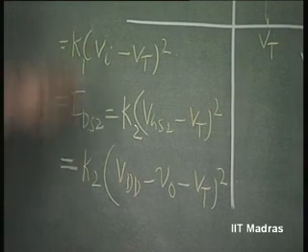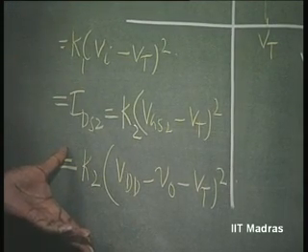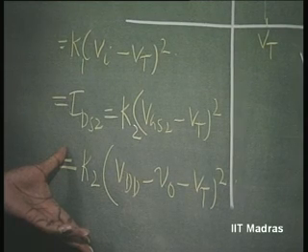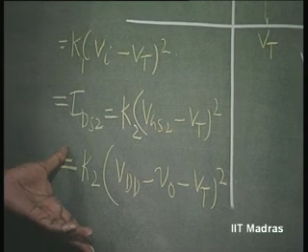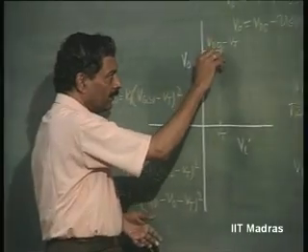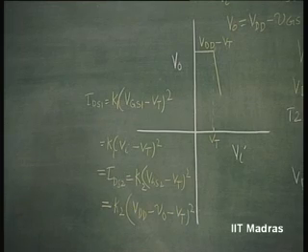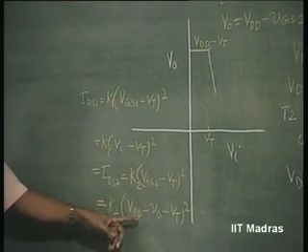So, from this important relationship we get the transfer characteristic of the inverter. How is it going to be? It is going to be perfectly linear, right? It is going to be linear. Why? This is square and this is square.